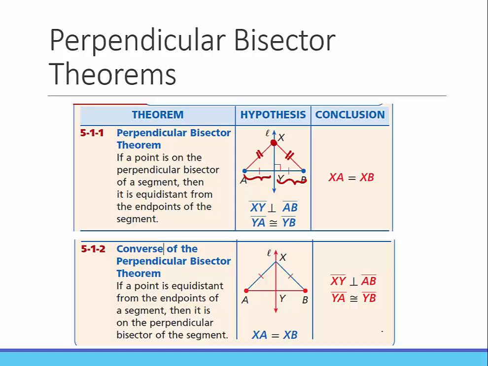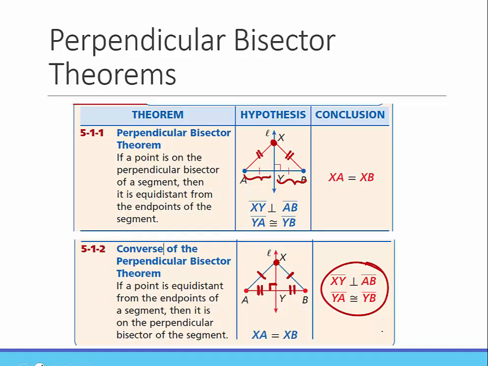And the converse is the other way around. It says if you have a point, so if we have this point and we know that those two lengths are the same, then we can prove two things. We can prove that this is perpendicular and that AY and YB have to be congruent.